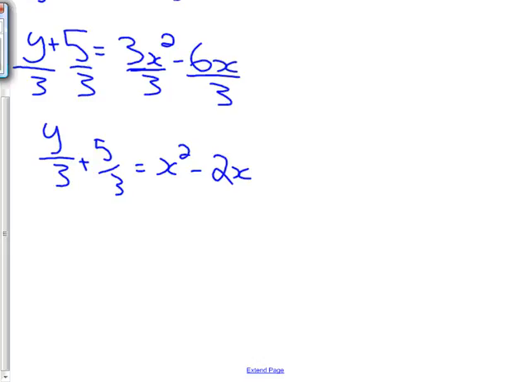We add 1 to both sides. What's 5 over 3 plus 1? Like 1 over 1. And the common denominator is 3 over 3. 5 plus 3, 8.